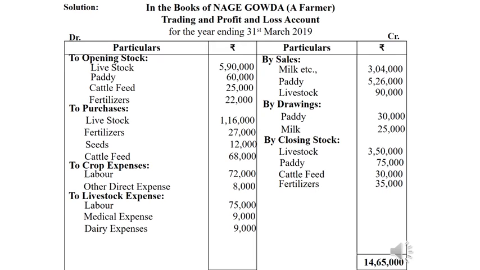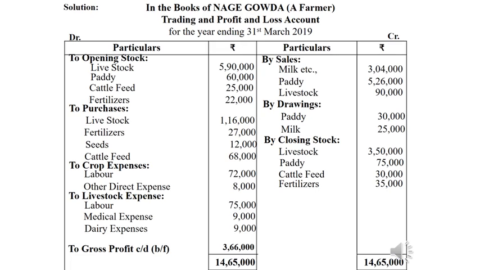Therefore, first you total up the credit side. 14,65,000 is the total of trading account on credit side. Record it on debit side. 14,65,000. Balance the account. So by balancing the amounts, we get 3,66,000 as balancing figure. This should be treated as gross profit and carried to profit and loss account.